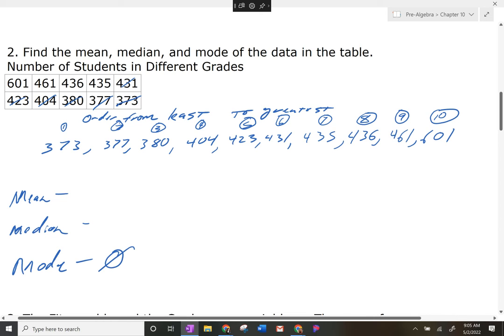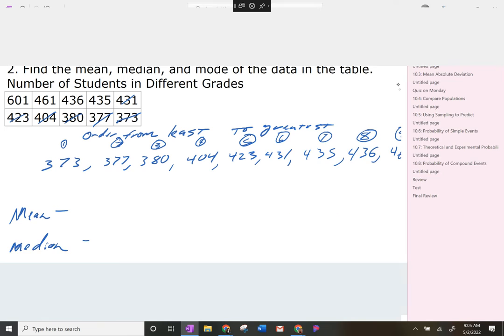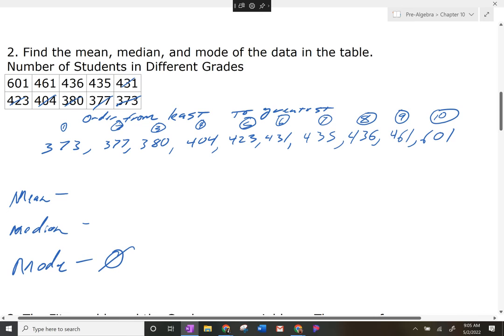The median. Okay? Anybody get the median? What'd you get? 427? Okay, so hopefully you saw there was 10 total numbers, meaning that the median should have been right here in between these two. In between the 5th and the 6th numbers.